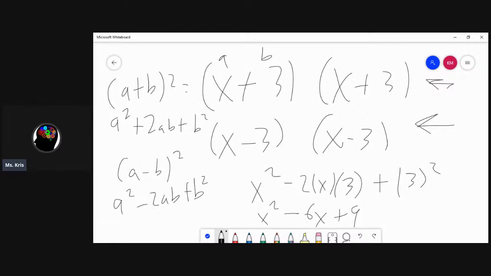Negative 2 times x times 3 is a negative 6x plus 3 squared, which is 9. Any questions on that?